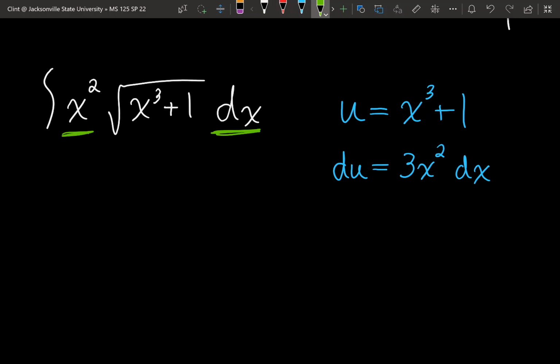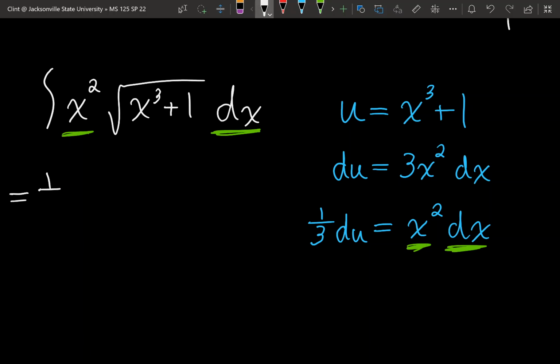So what can we do to adjust? Yeah, divide both sides by 3 or multiply both sides by 1/3. So now this matches what we've got left. So for that part, we can put the 1/3 out front as a constant.